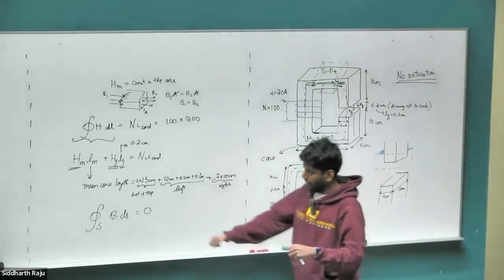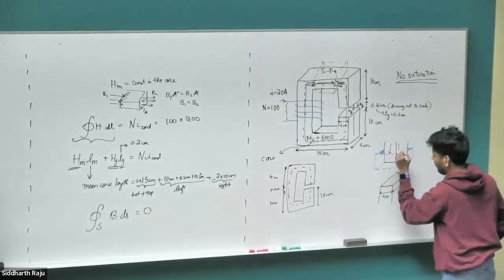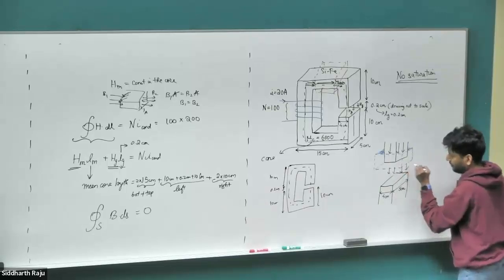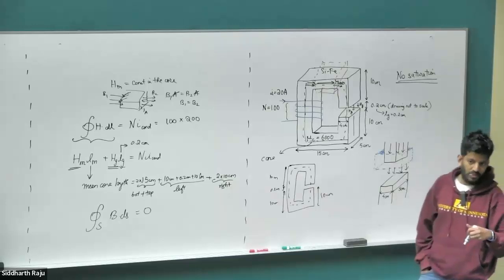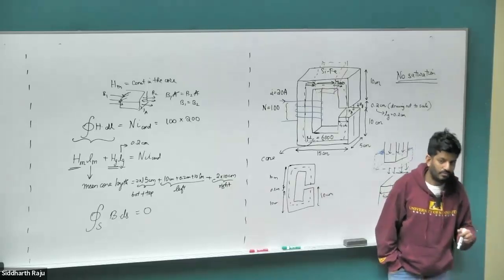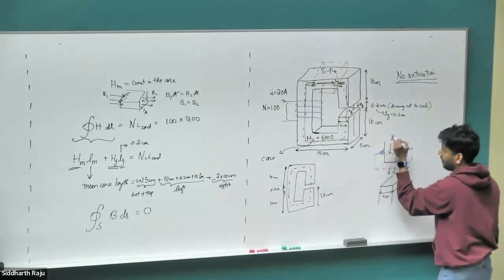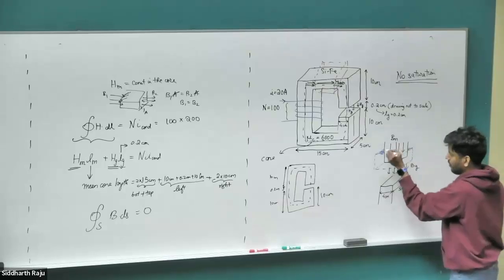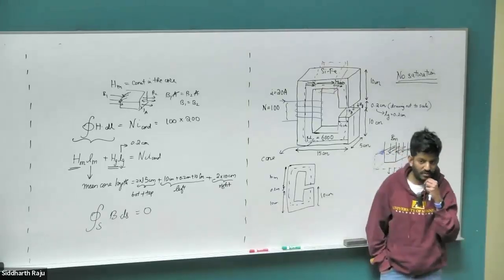This formula would still hold, right? It's a fundamental formula. So whatever flux comes from the top side must be equal to the flux that leaves on the bottom side, right? What is the flux coming from the top side? If Bm is the magnetic field in the iron core, and Bg is the magnetic field in the air gap, what is going to be the flux coming from the top side?